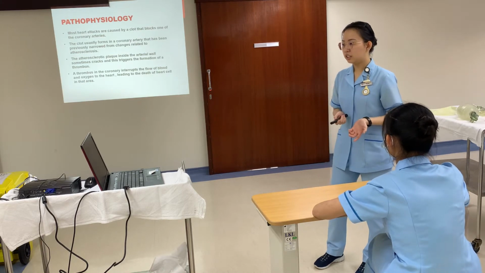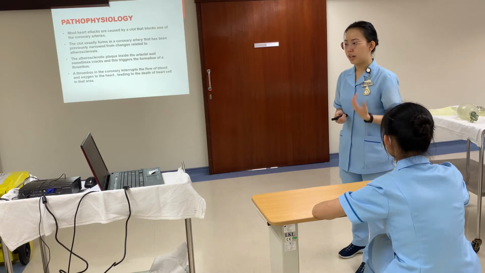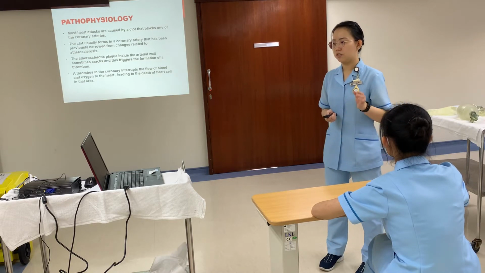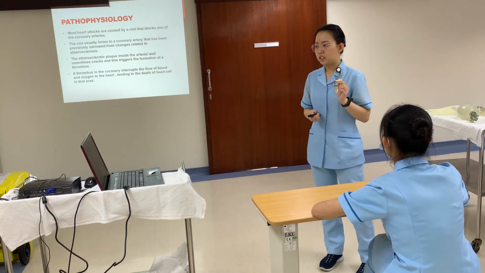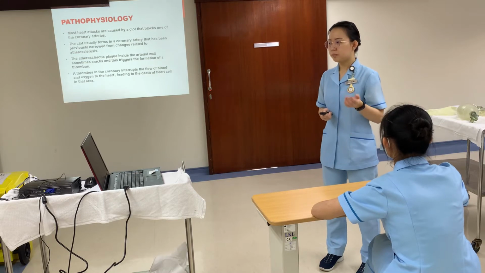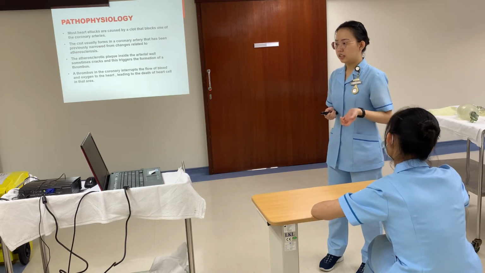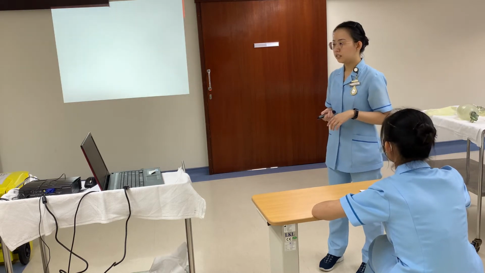So the arteriosclerotic plaque inside the arterial wall sometimes cracks, and this triggers the formation of a thrombus. A thrombus in the coronary artery interrupts the flow of blood and oxygen to the heart, leading to the death of the heart cells in that area.